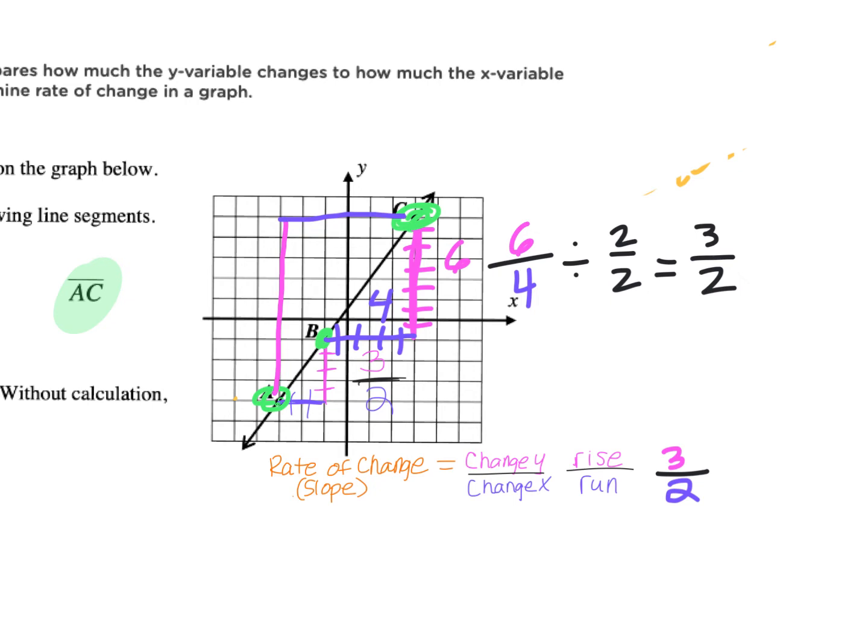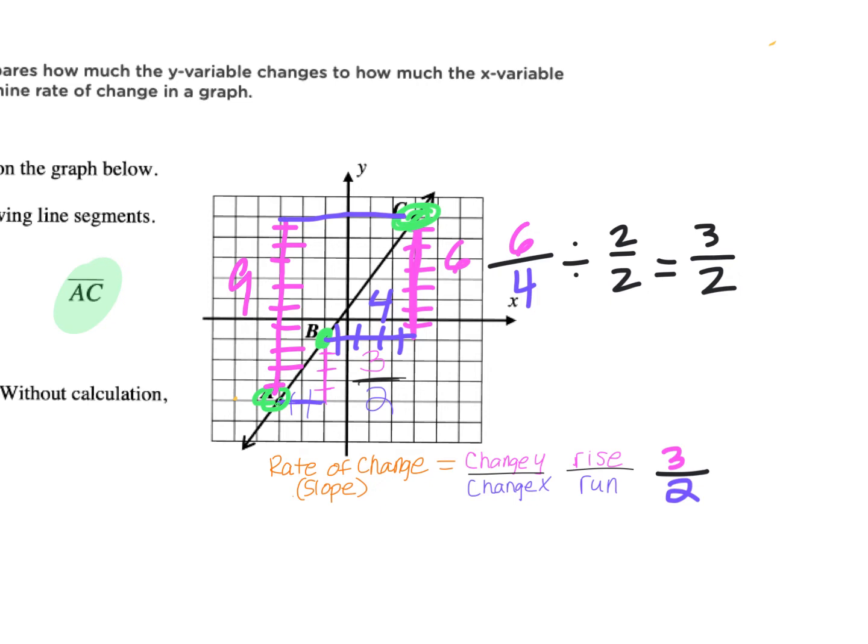What I've been drawing so far is called a slope triangle. All these little triangles are called slope triangles. This time I drew the triangle up above the line instead of underneath it. I wanted to show you that no matter what, you're going to get the same answer. I'm still going to get the same slope, even though I drew the triangle above the line instead of below the line.